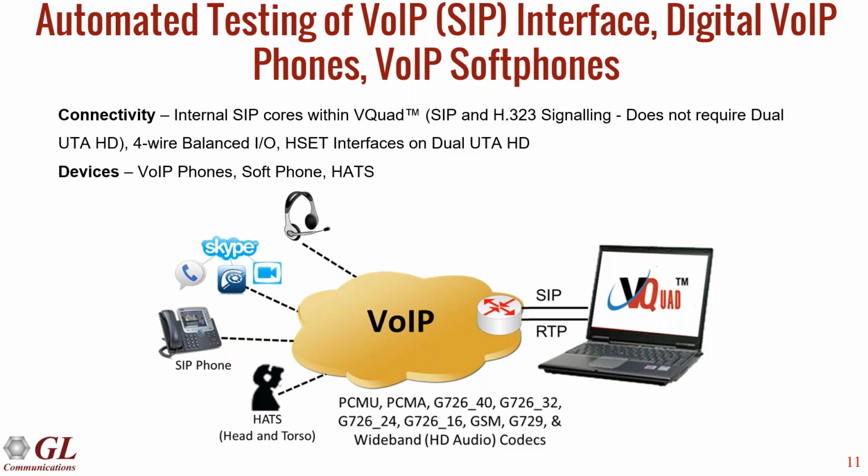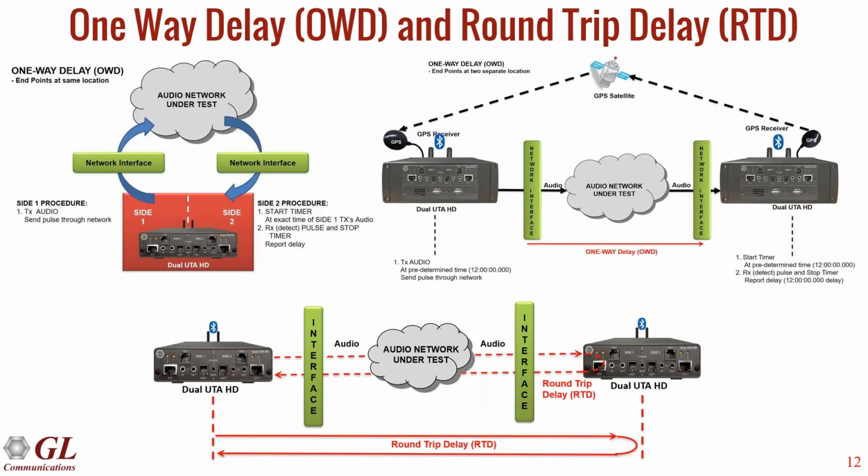So we can be a handset to a SIP phone, for instance, and then send and receive audio for testing the quality. Now, once the call is established, whether it's a wireless call, a 2-wire call, a handset call, whatever, we can send and receive audio for voice quality.